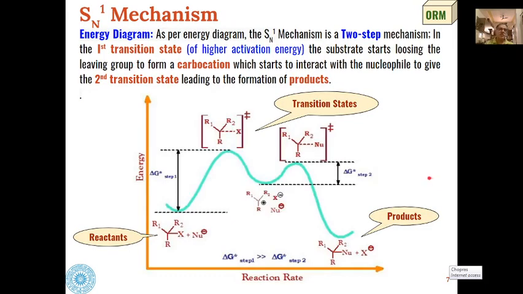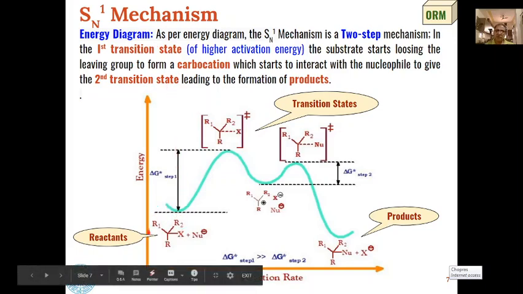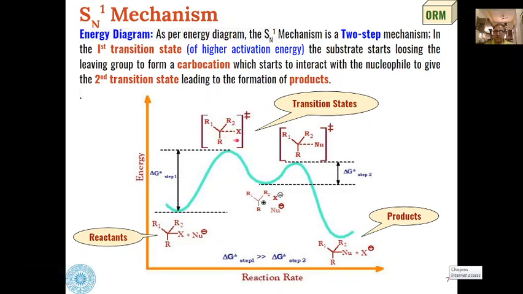So this is how SN1 reactions take place. In the energy diagram which you have seen in the video, in the first step the substrate, that is the reactant, gets converted by separation of the halide ion from the rest of the molecule.